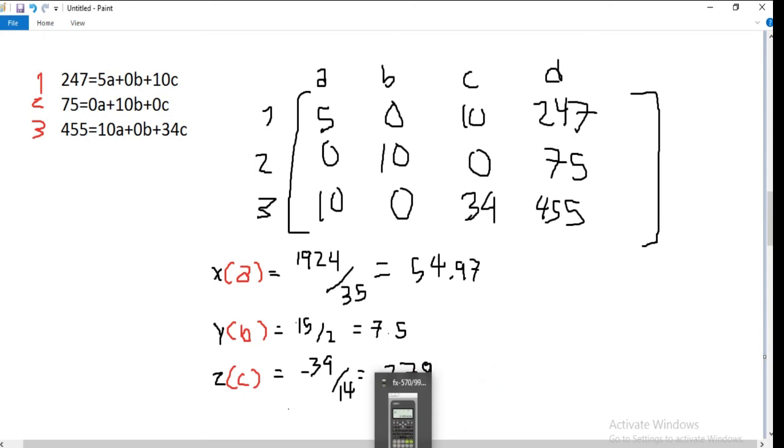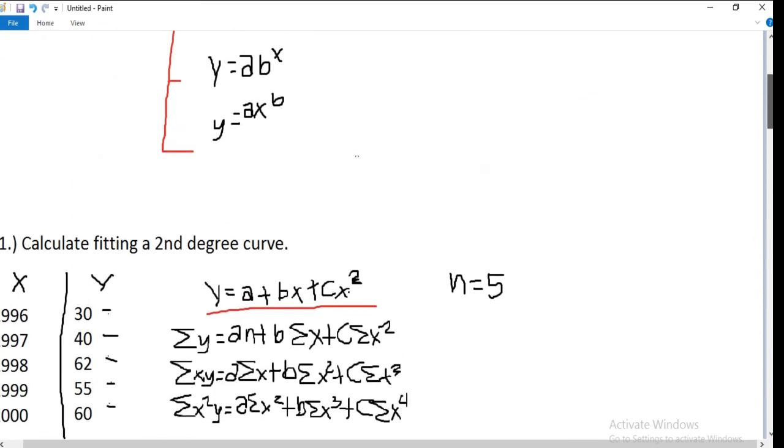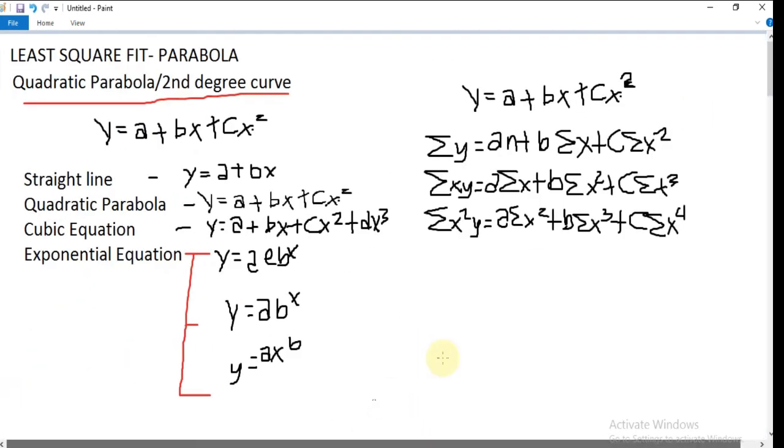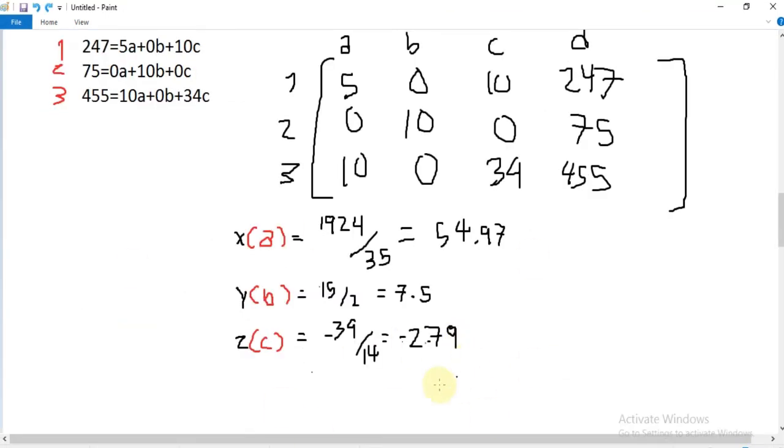So those are the values we got. This is the topic about least square using parabola. I hope you understand, and thank you. Oh yeah guys, I forgot the circle, sorry.